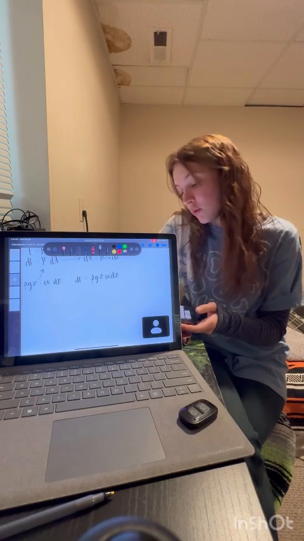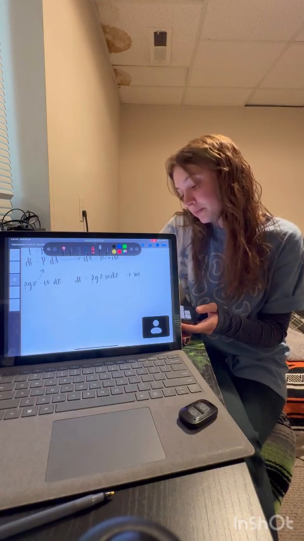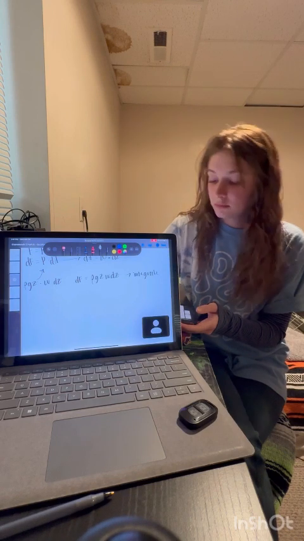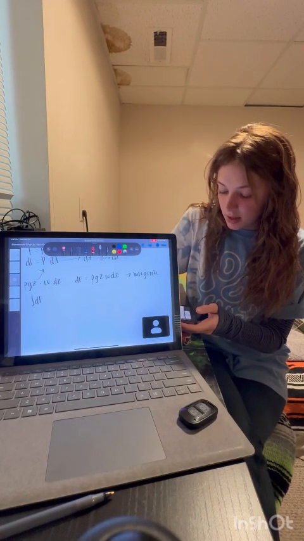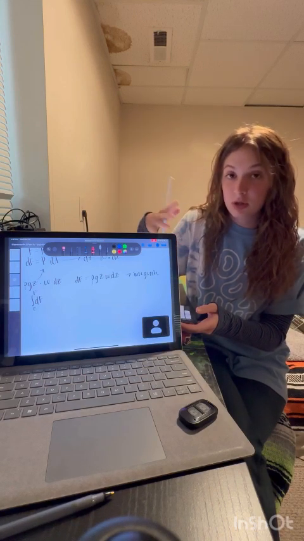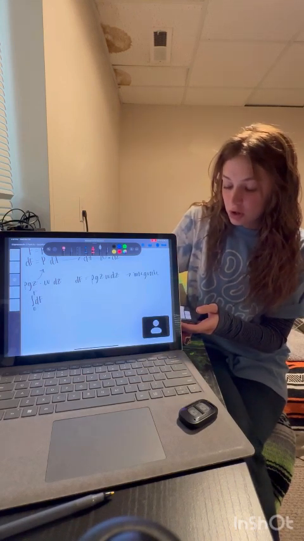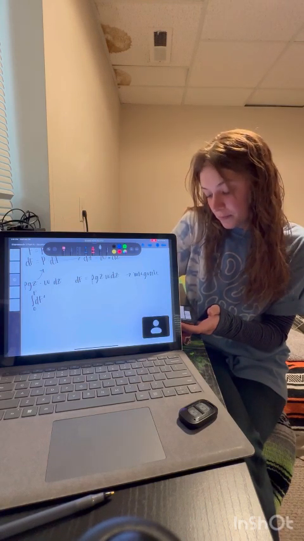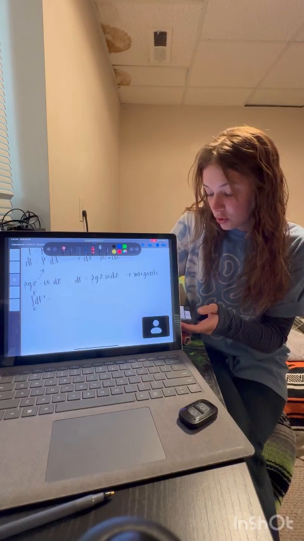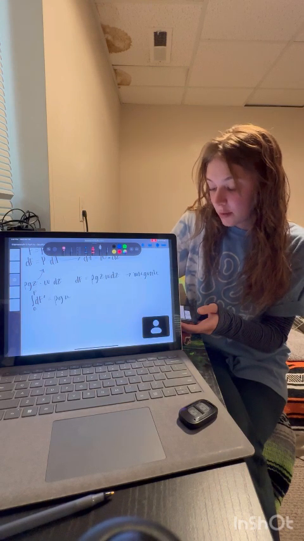Now from here we will integrate. We can set up dF and integrate from 0 to the force, which runs into a problem of having the same variable, so we can make this prime. And set it equal to rho gW.